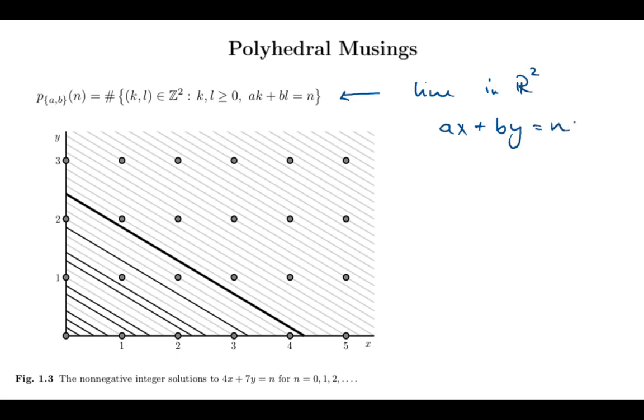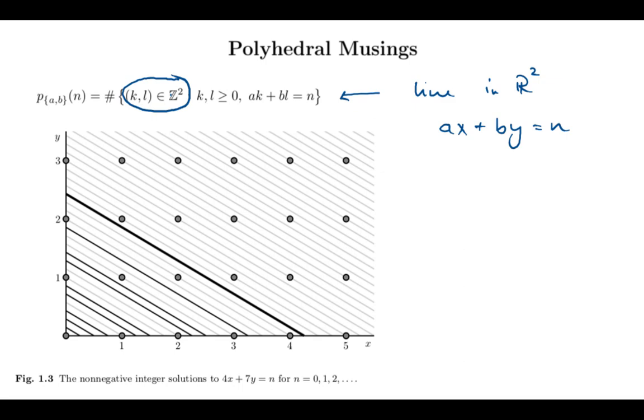Now I'm thinking about a, b, and n as fixed. You can see in this picture we're giving you several instances of this line. I'm fixing a and b here, again 4 and 7, and I'm changing n. So really what I'm interested in when I look at this restricted partition function is integer points on this line, and again this picture suggests that.